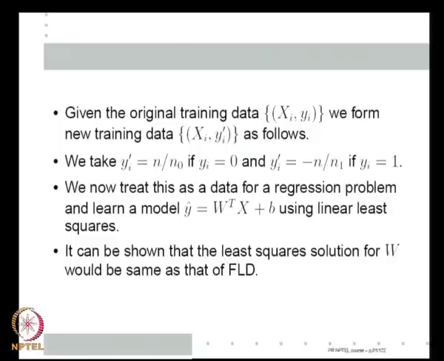I am not proving this, as the algebra is tedious and it possibly does not add much to go through the full algebra, but you should know that the least squares solution I obtain here would be the same as the Fisher linear discriminant.